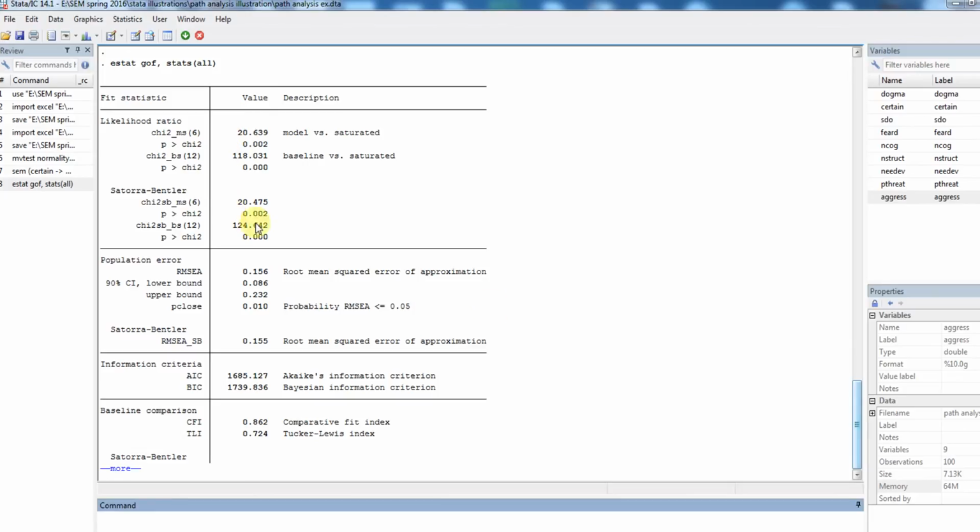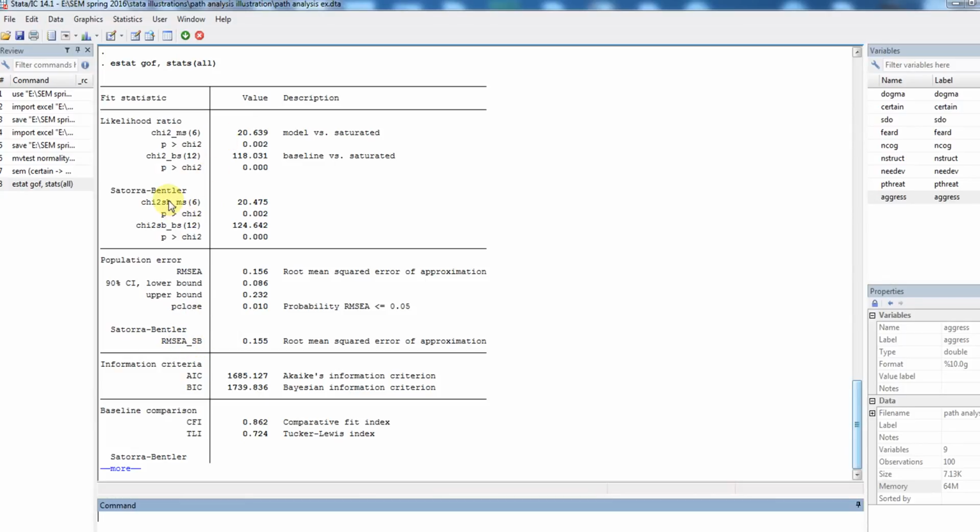You'll notice down below, you've got the RMSEA and then a Satorra Bentler RMSEA. So basically, this is the RMSEA value that we would want to consult if we're assuming that our data are not multivariate normally distributed. This reflects the Satorra Bentler adjustment that we saw up above with this particular chi-square test.